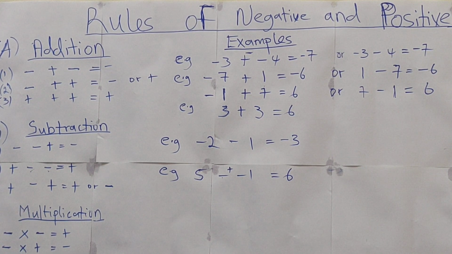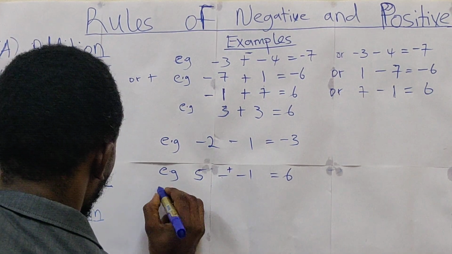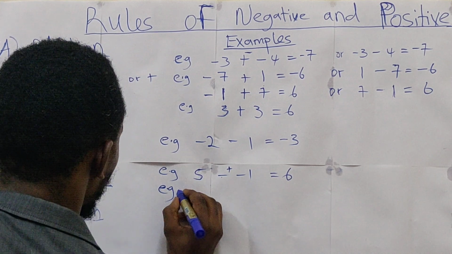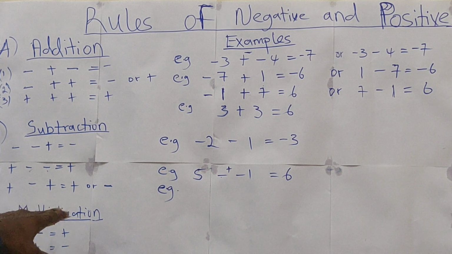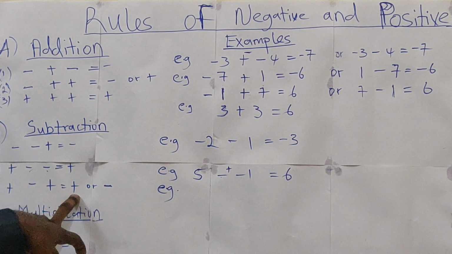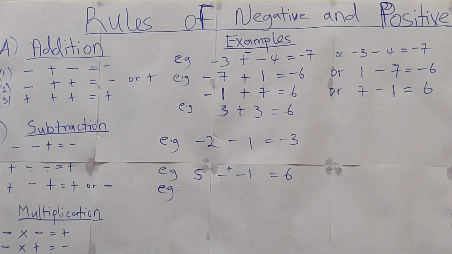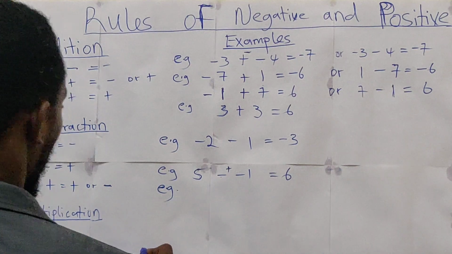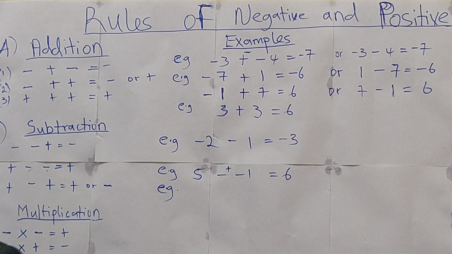The third. For example, with this one, you can have either a positive answer or a negative answer. Let me bring out some examples. Let's just use the same numbers to facilitate the work.